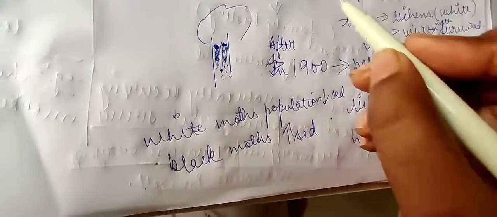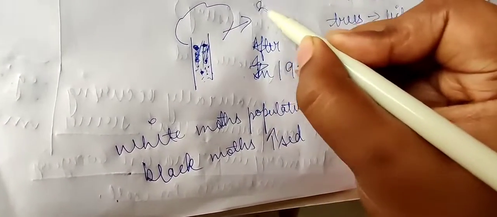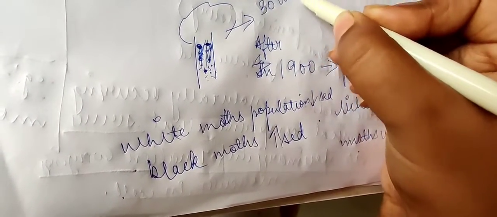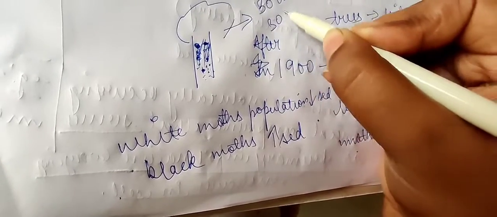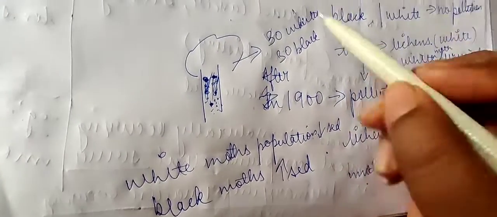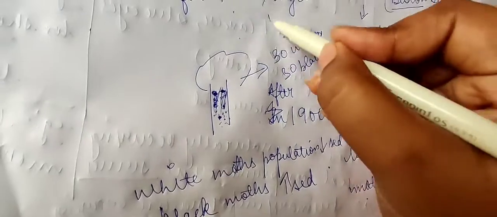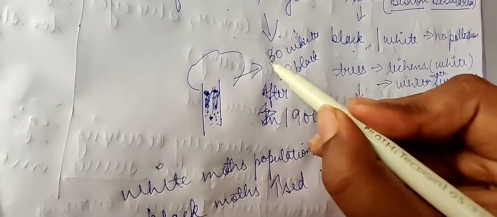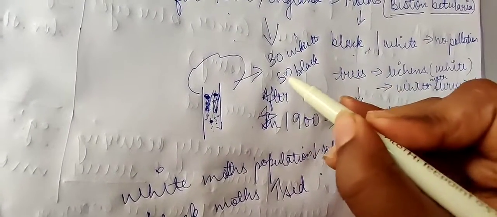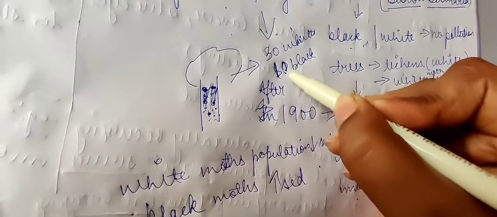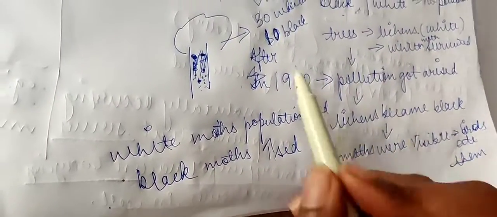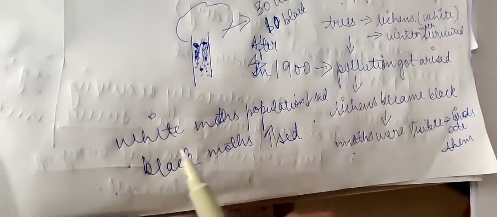For example, in the tree, in the period before, there were 30 whites and suppose 10 blacks.